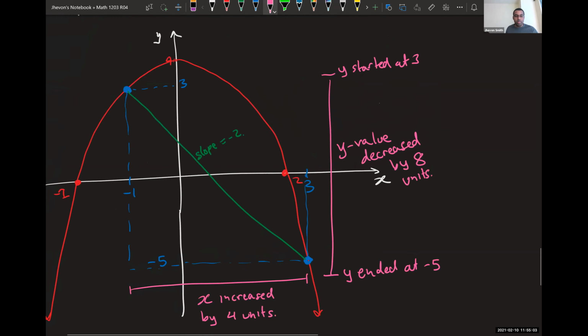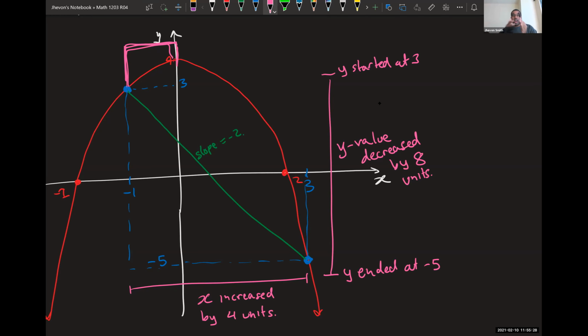So in the interim, this might not be true, right? Because if you look, for example, on this interval right here, as your X increased, your Y value also increased. Your Y went from 3 to 4. So in this little window here, your Y value actually increased. So it can increase and decrease and do whatever it's doing in the interim.